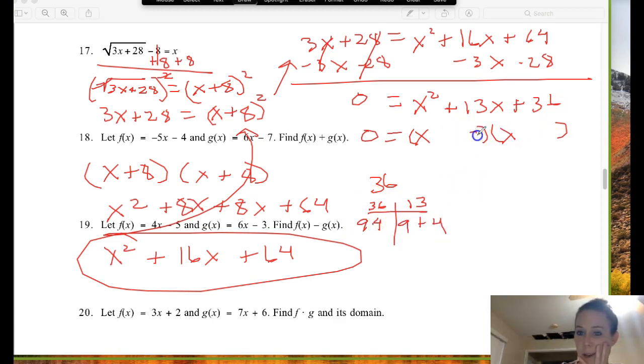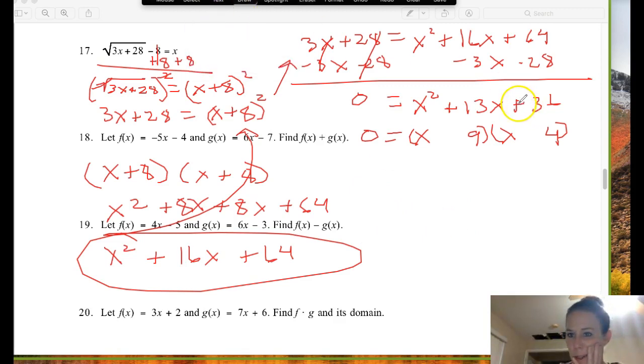There they are, 9 and 4. All right, let's check the positives and negatives on that. This is positive, that's positive, so we have to have positive, positive. This times this makes 0, so for this to be 0, x has to be -9. For this to be 0, x would have to be -4. So my solutions are x is -9 and -4.